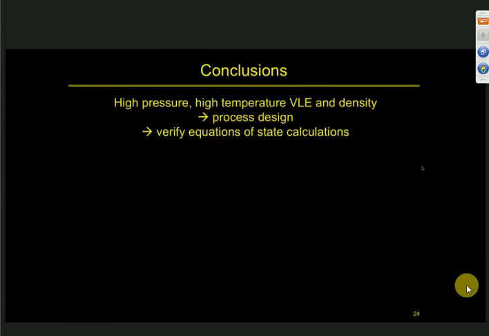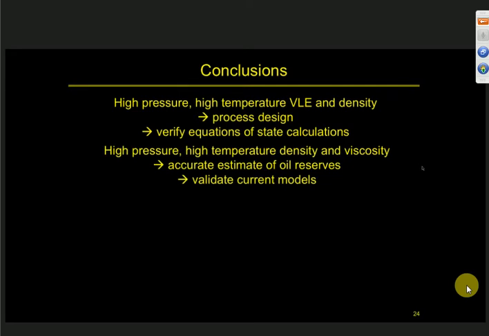So I'd like to conclude this talk. High pressure, high temperature phase behavior and density data is really important for process design as well as to verify equations of state calculations.